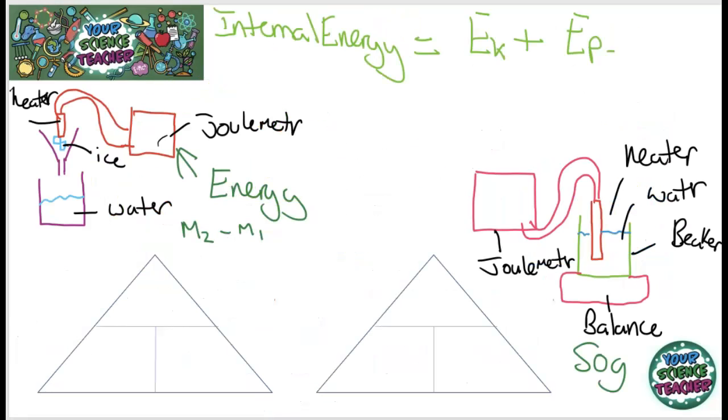You can calculate the specific latent heat of vaporization or the latent heat of fusion using an equation. You will actually get given this equation in your exam: the energy required is the mass times the specific latent heat.